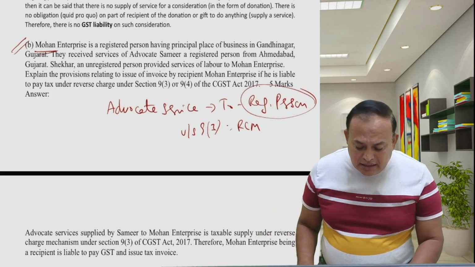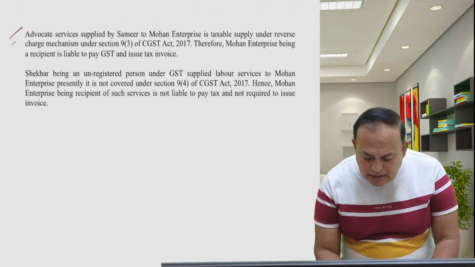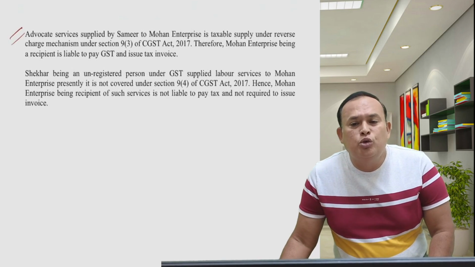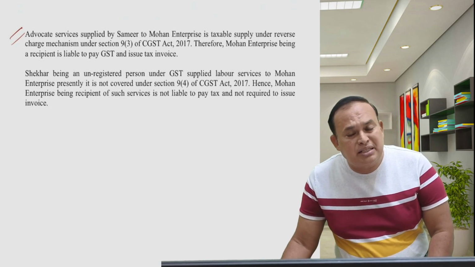So in the given case, I have mentioned in a very simple manner, advocate services supplied by Samir to Mohan Enterprise is a taxable supply under reverse charge covered under section 9 subsection 3.